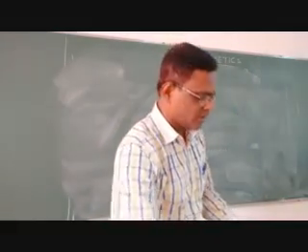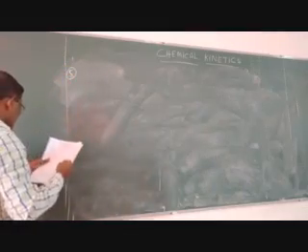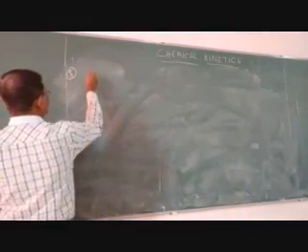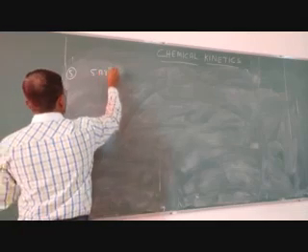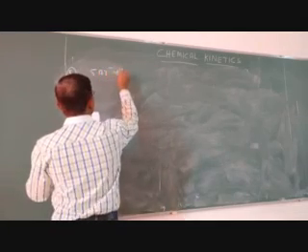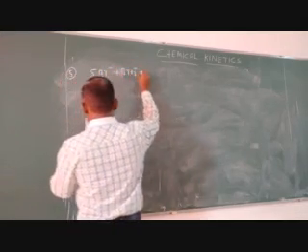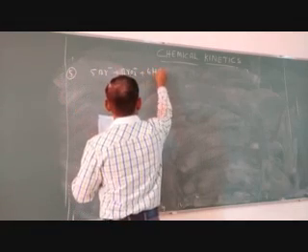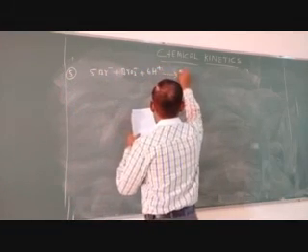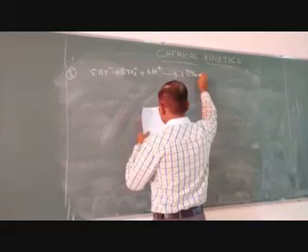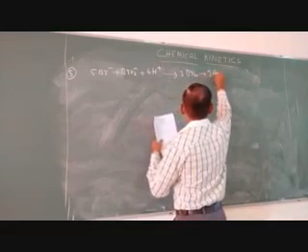Next, question number 5. For the reaction, the given reaction is 5Br minus plus BrO3 minus plus 6H plus gives rise to 3Br2 plus 3H2O.